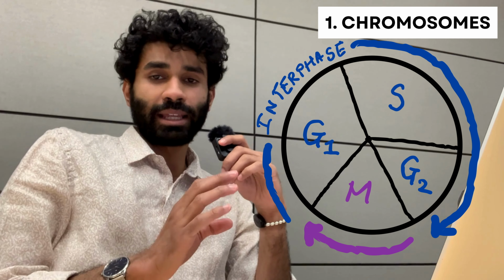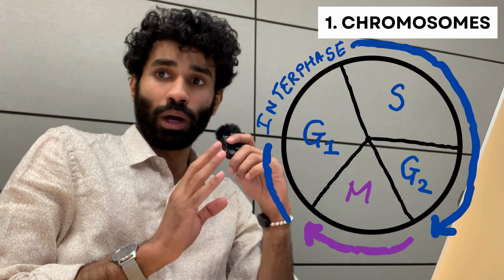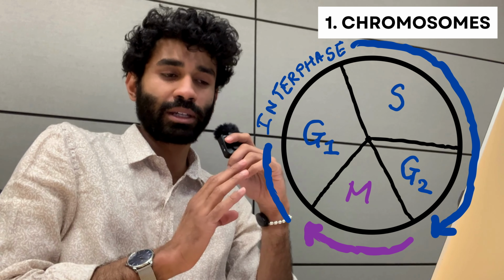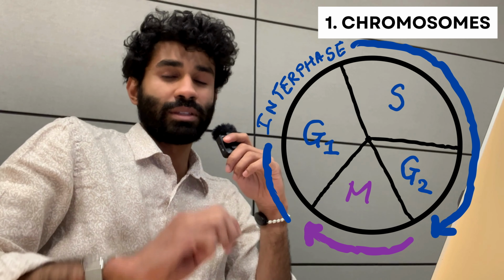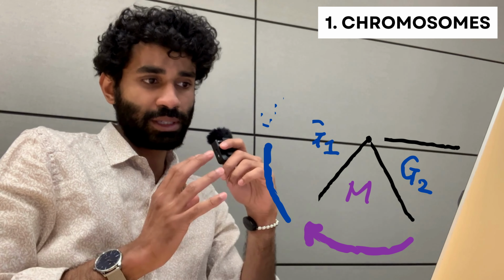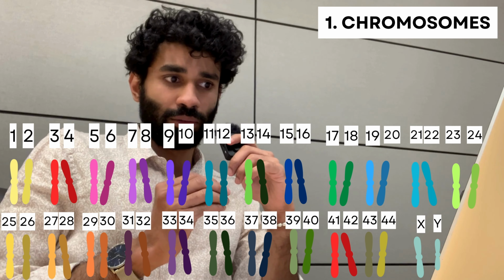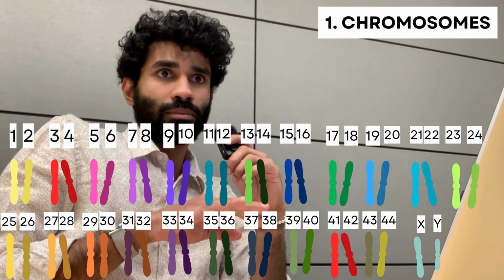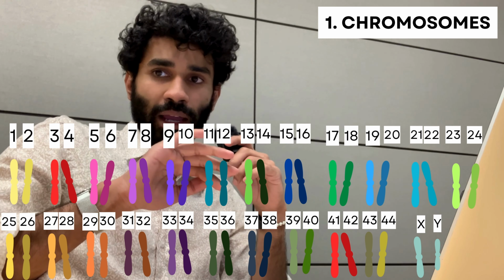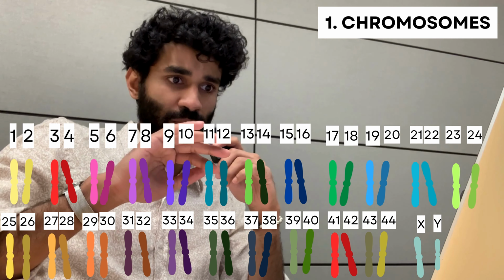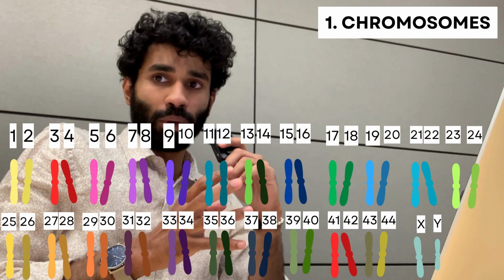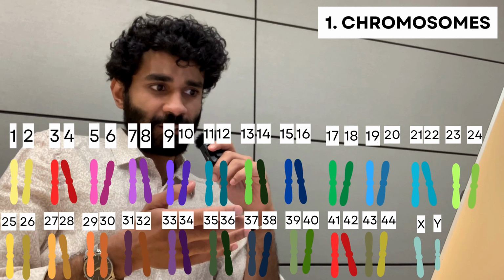So if you look at a cell that's in G1 of interphase prior to S phase, this is what it'll look like. You'll have 46 chromosomes. Each chromosome is a single DNA molecule. There are essentially 46 lines, or 46 chromosomes. The cell is diploid. 2n equals 46.